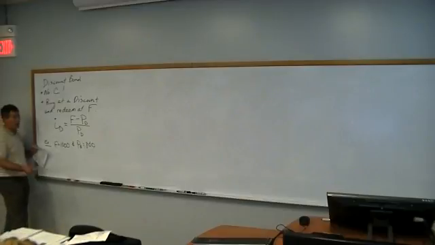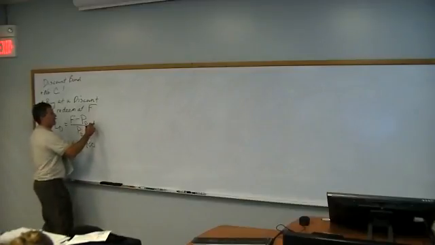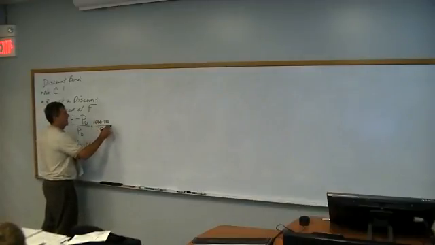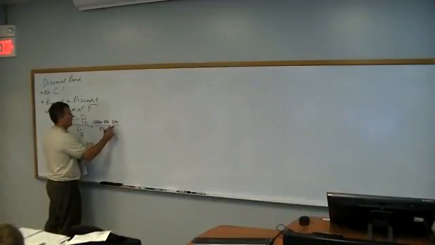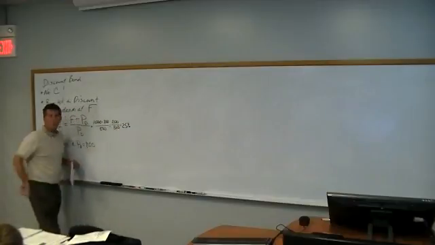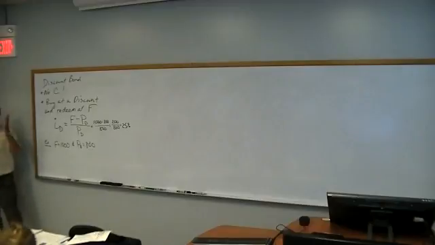We got $200, right? So if we plug in the numbers here, 1,000 minus 800 divided by 800 equals 200 divided by 800 equals 25%. We're back to the old rate of return of new number minus the old number divided by the old number. That's all we're doing, right?